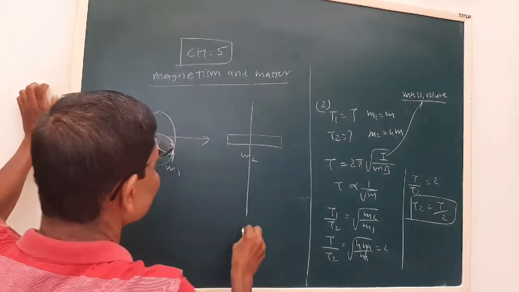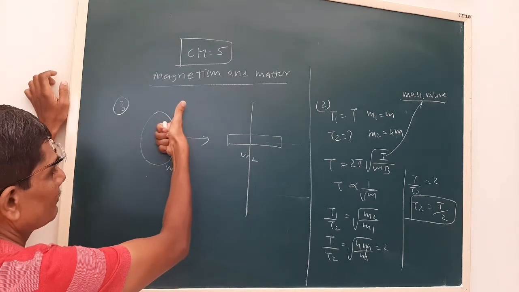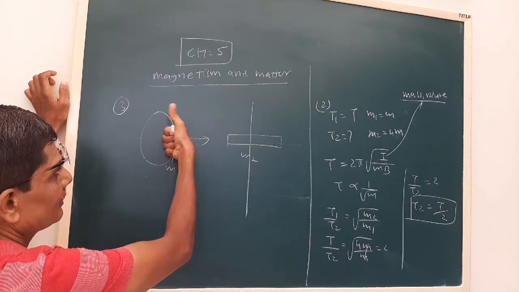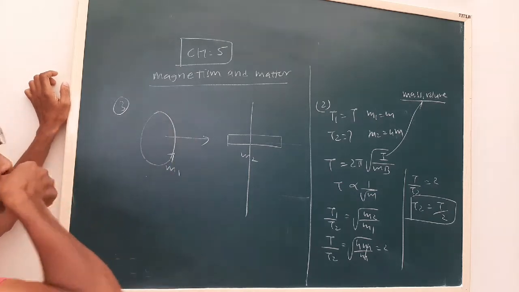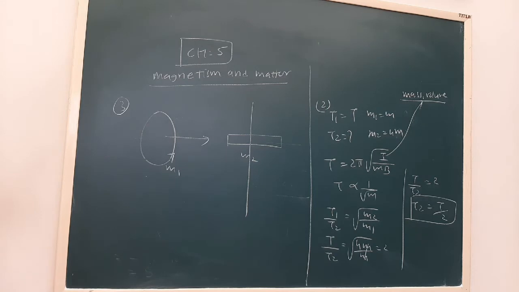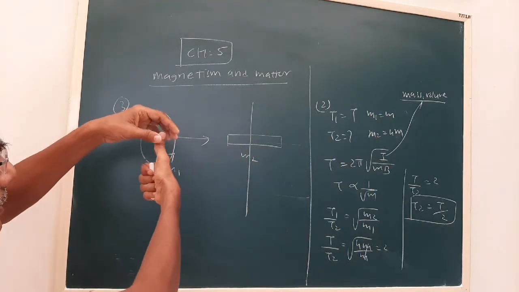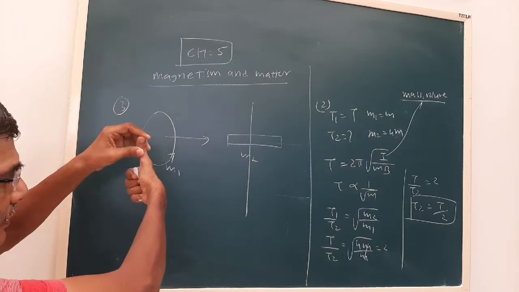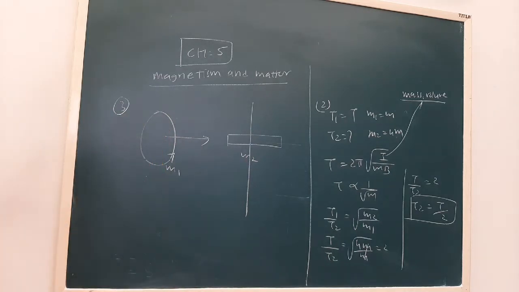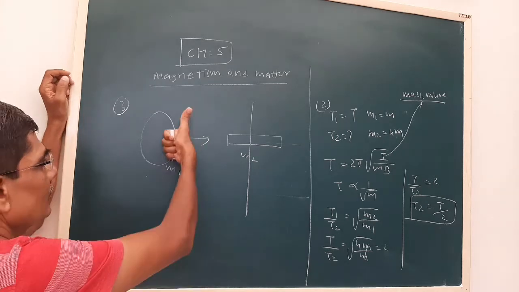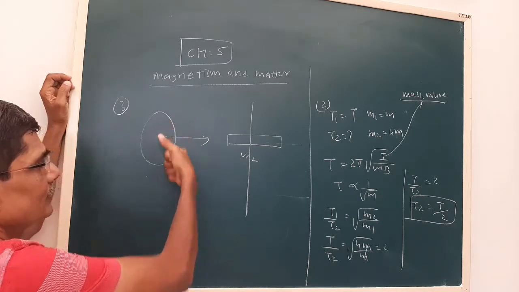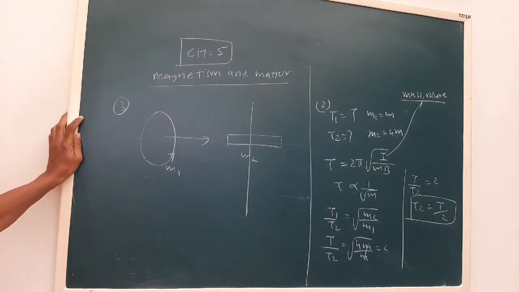Suppose the current is in this direction, the magnetic field will be in this direction. Using the right hand thumb rule, the thumb shows the direction of the current and the fingers wrapping show the magnetic field. Here the fingers show the current, then the thumb will show the direction of the magnetic field.